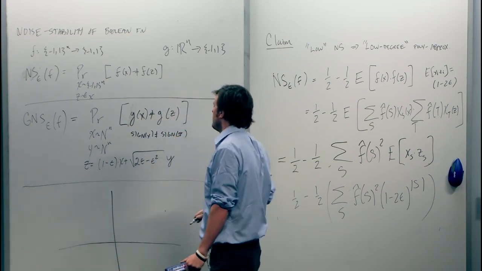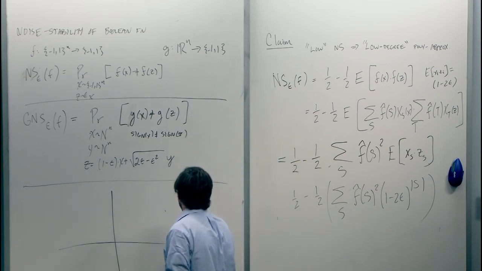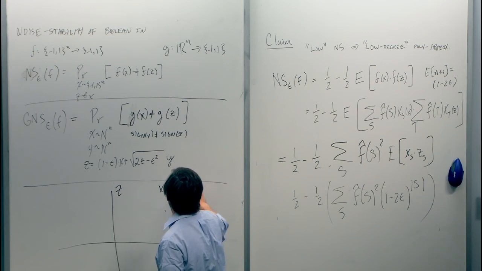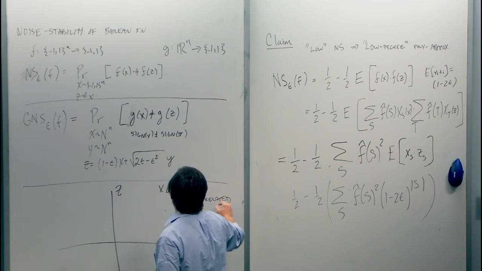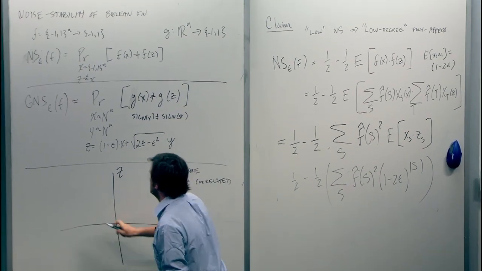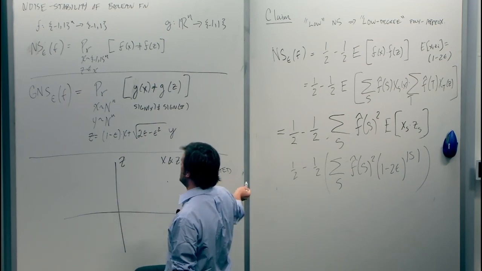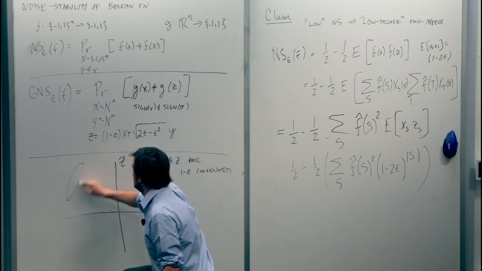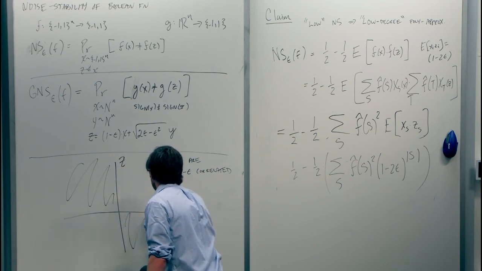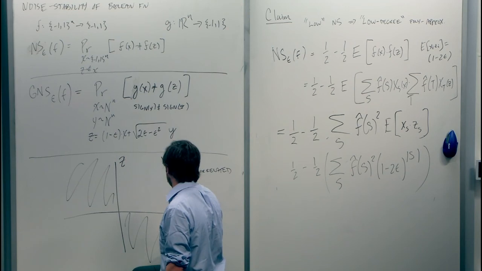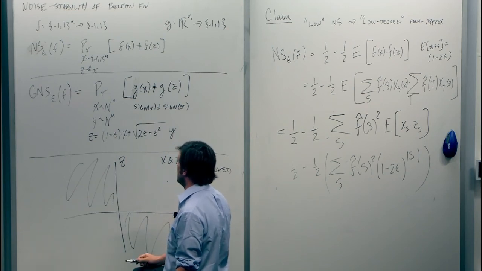You could imagine in the plane choosing a bivariate Gaussian where x and z are 1 minus epsilon correlated Gaussians. And I want to know what's the probability mass of this region, where the sign of x does not equal the sign of z. This is also the region where sign of x does not equal sign of z.